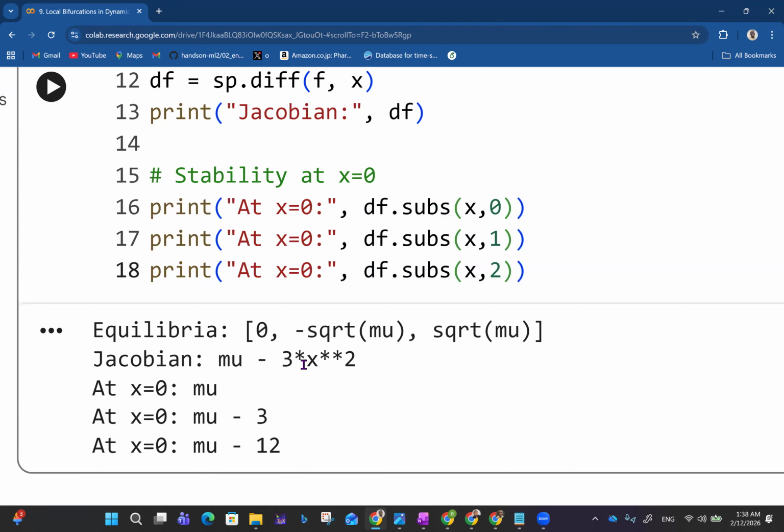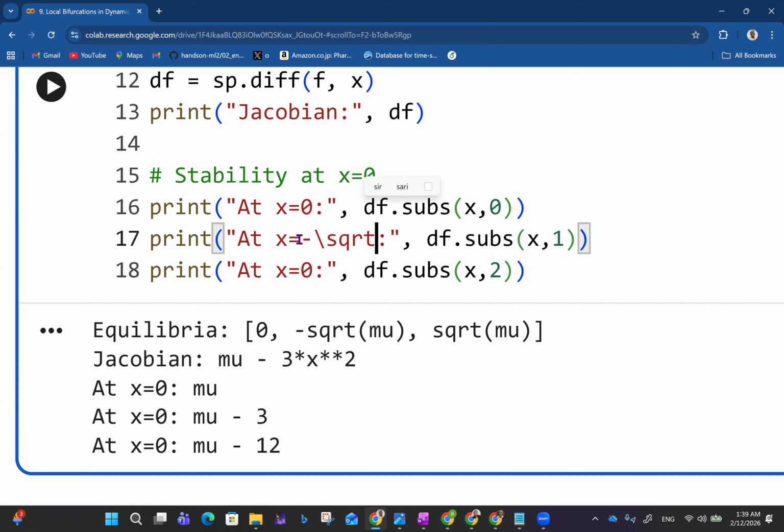Good, I think that makes sense, because this is now x equals minus square root of mu. Okay, we can even do this. So this is mu. I can make this a dollar sign here, dollar here, dollar here.